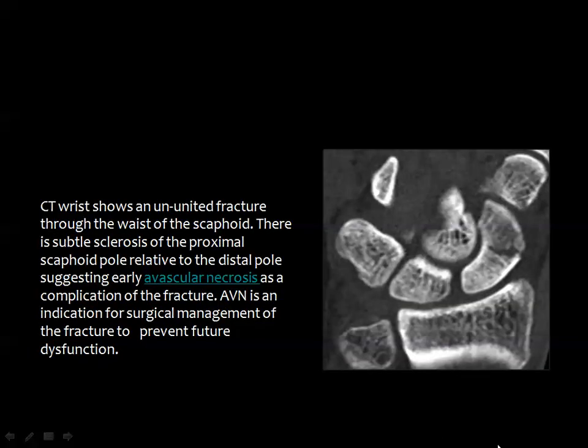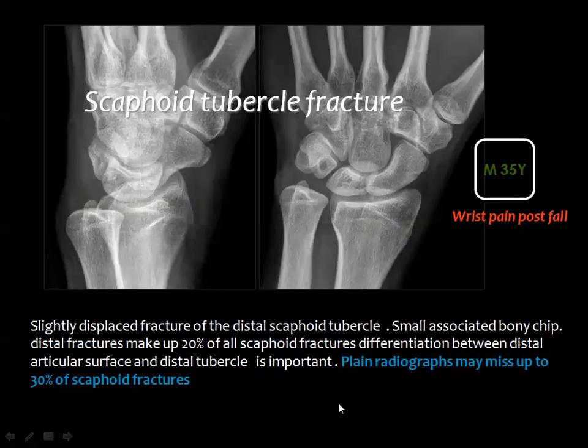And by CT, you can appreciate the fracture line across the scaphoid bone, and also a minor degree of relative bone sclerosis of the proximal bone compared to the distal part of the scaphoid, meaning that there is developing avascular necrosis in this part of the bone.